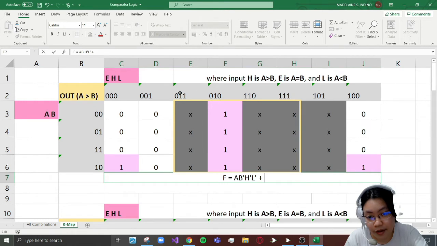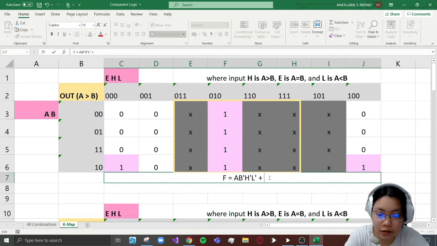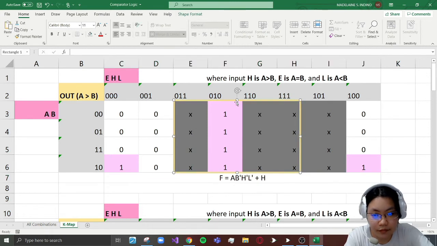However, for the horizontal comparison, we can see that E is also cancelled, 0, 0, 1, 1. H is consistent, 1, 1 in all 4 possible combinations. And the low signal is also cancelled because it's 1, 0, 0, 1. It is inconsistent. So the final min term will simply be H, or the high signal.